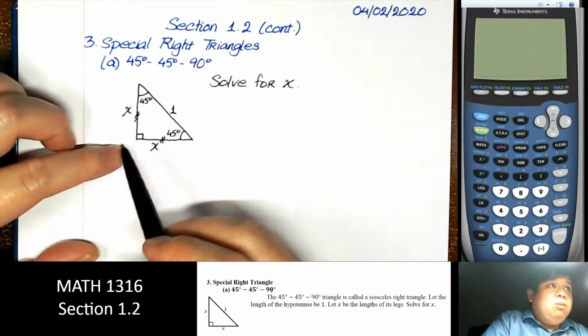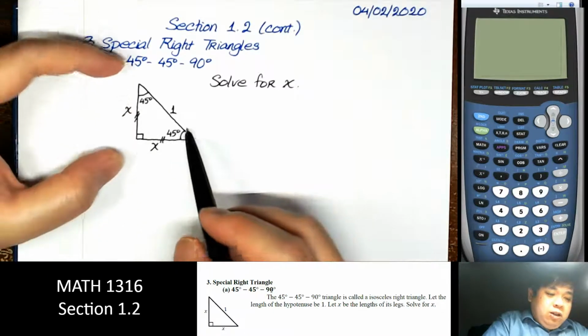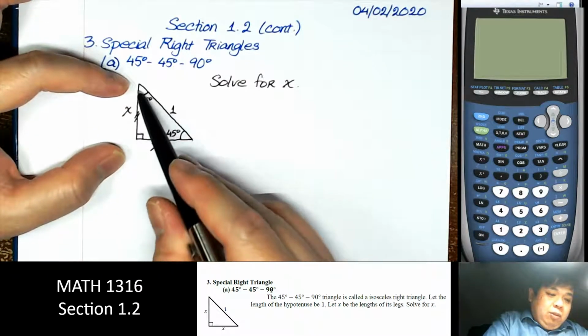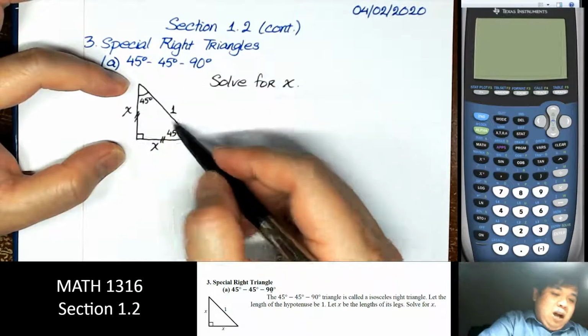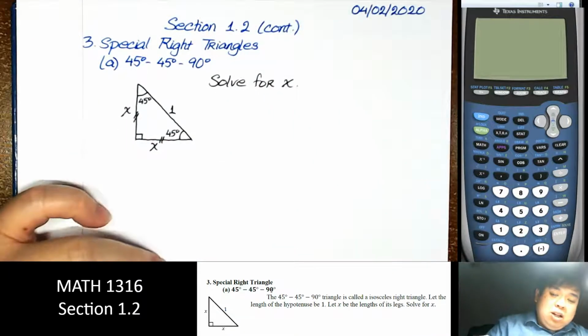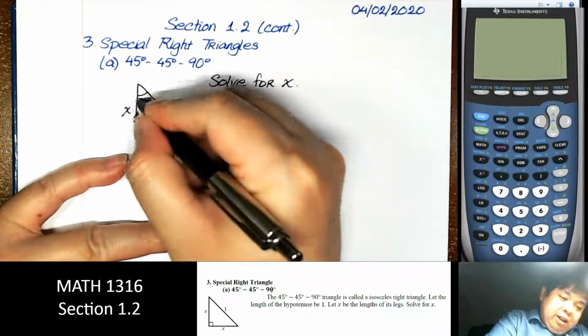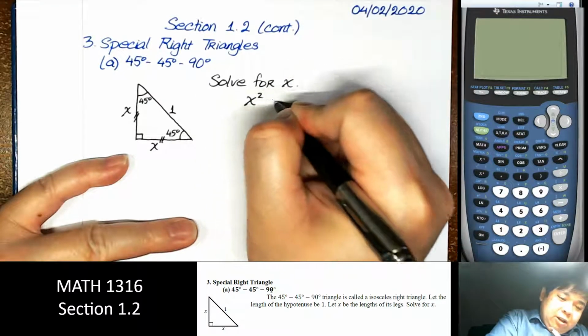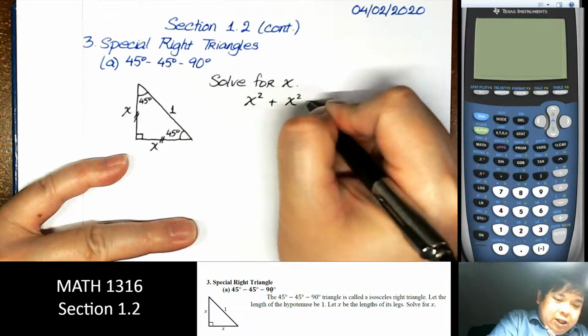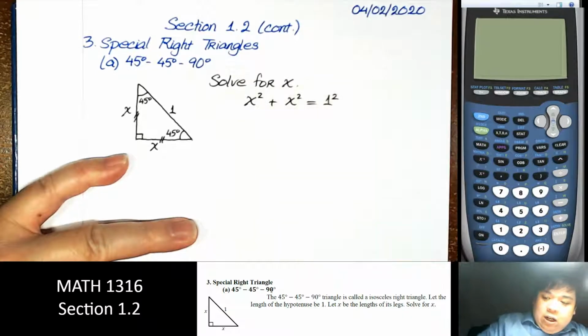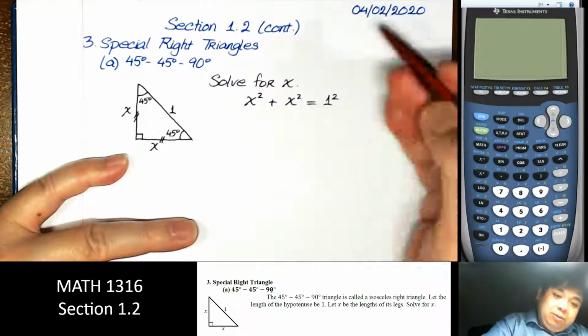Right. So this is the right triangle. We have x, and the hypotenuse is 1. By the Pythagorean theorem, we have x squared plus x squared equal to 1 squared. So that is the Pythagorean theorem.